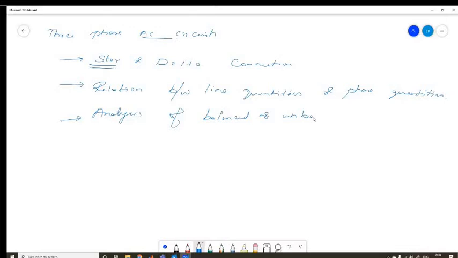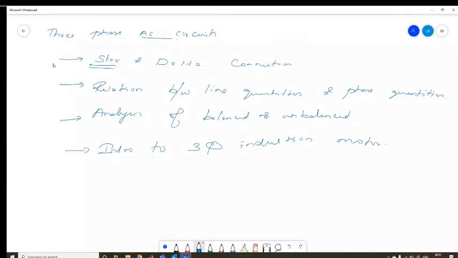So this analysis has to be done. And then a brief introduction to the three-phase induction motor.